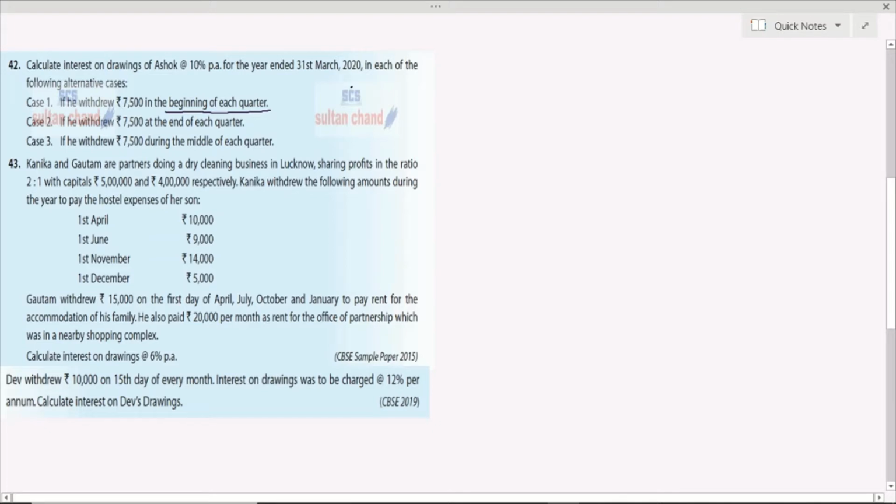The end date is also given here, that is 31st of March. That means our period will start from 1st of April 2019 till 31st of March 2020. The first quarter will be April, May, June.